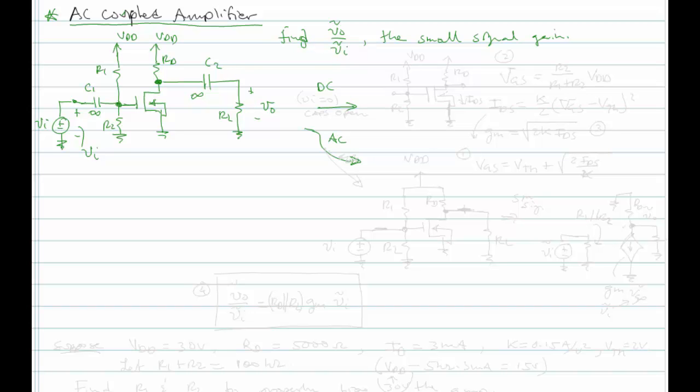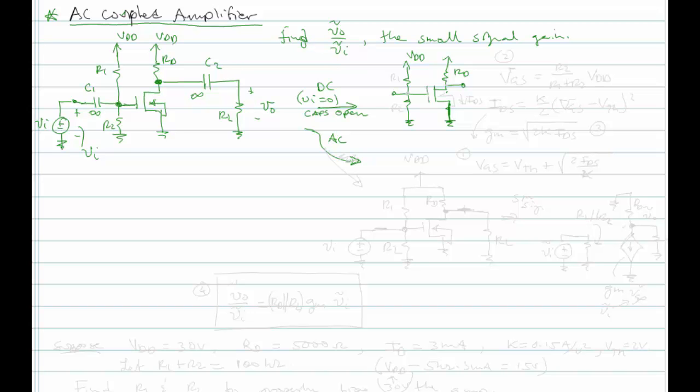So in the DC mode, we have no VI. VI is equal to 0. And what we're left with is just the biasing circuitry. And the caps are open.